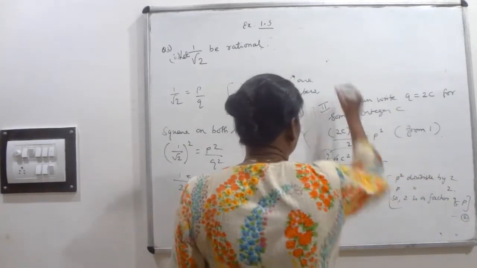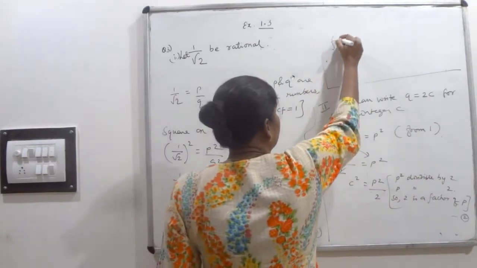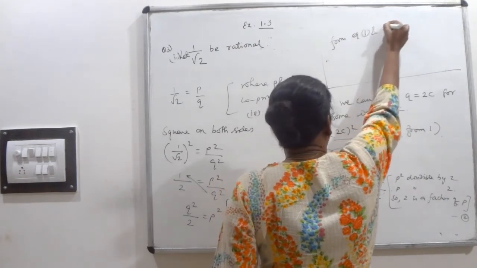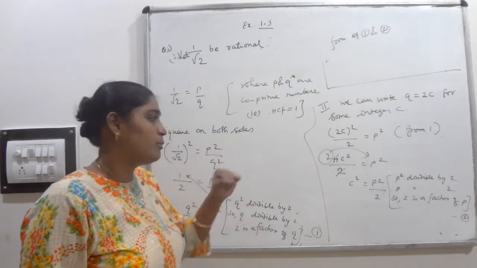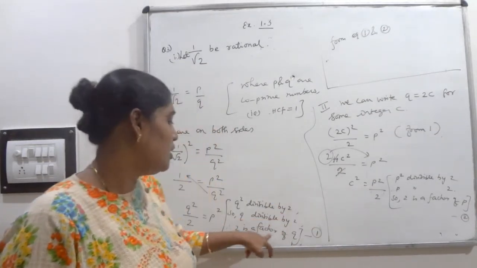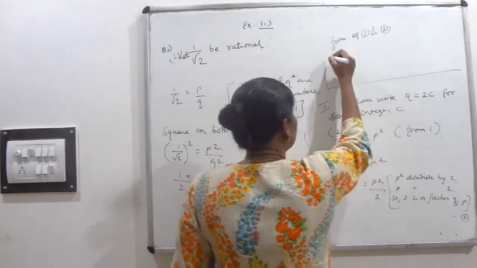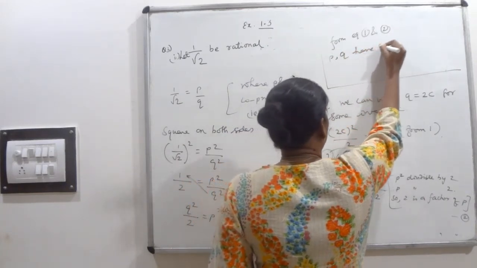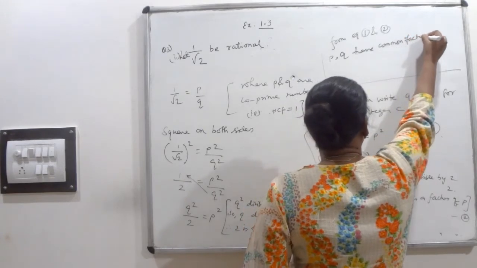So from equation number 1 and 2, we can tell that 2 is a common factor for P and Q. See, from equation number 1 and 2, you can tell that 2 is a factor of P and Q. Therefore, we can write it here: P and Q have a common factor 2.